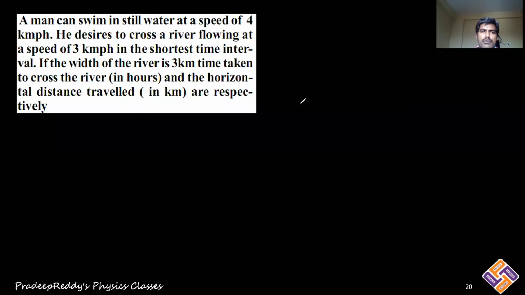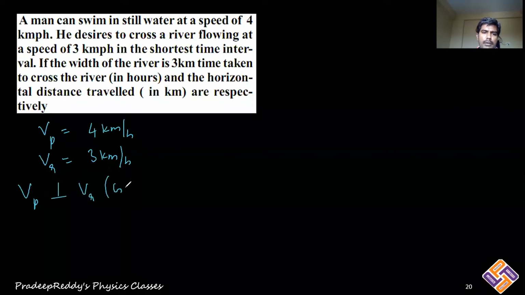A man can swim in still water at a speed of 4 km/h. Velocity of the person is equal to 4 km/h. He desires to cross a river flowing at a speed of 3 km/h in the shortest time interval. So as he is traveling in the shortest time interval, velocity of the person is perpendicular to velocity of the river that is given to you in the problem.